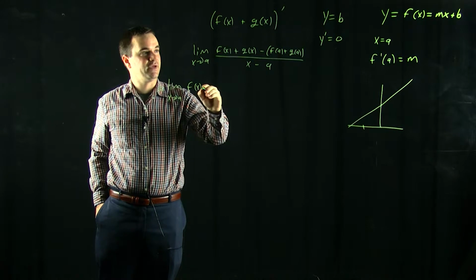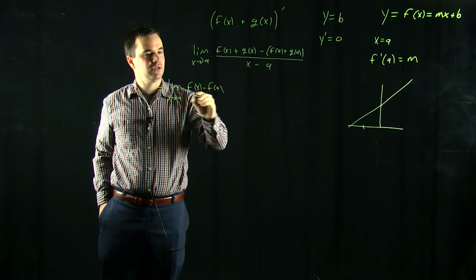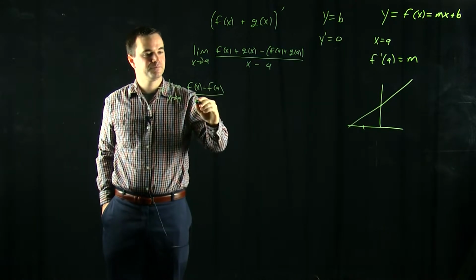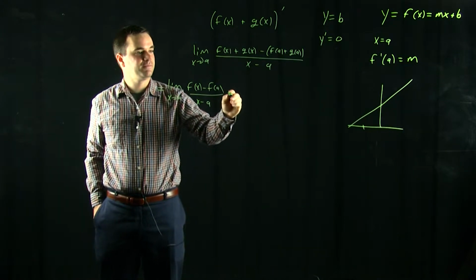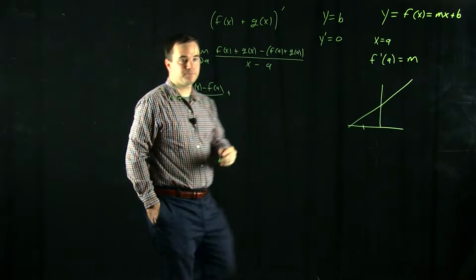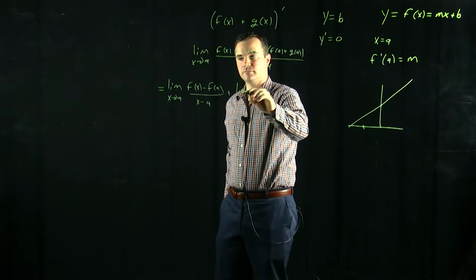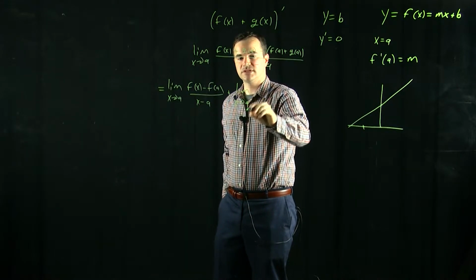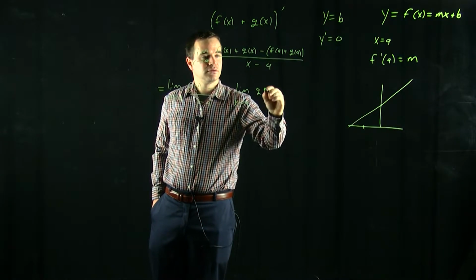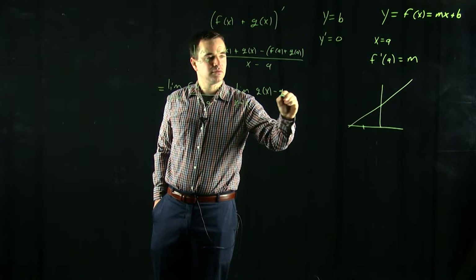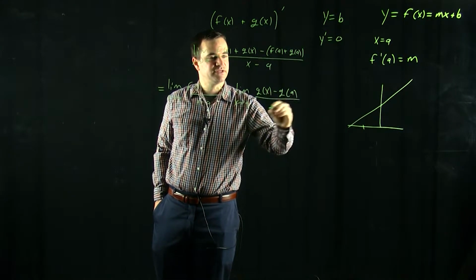So you'll get the limit of f of x minus f of a all over x minus a, and then you're going to be adding to that the limit as x goes to a of g of x minus g of a over x minus a.